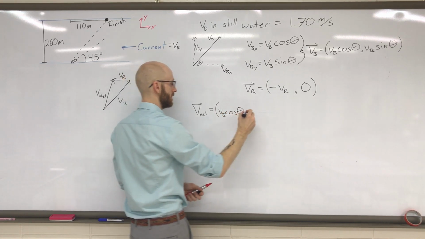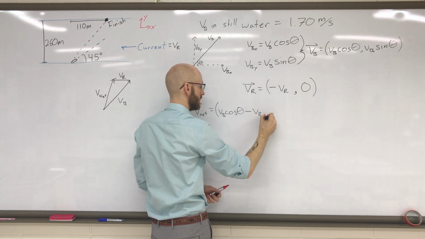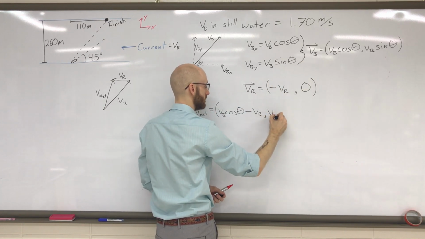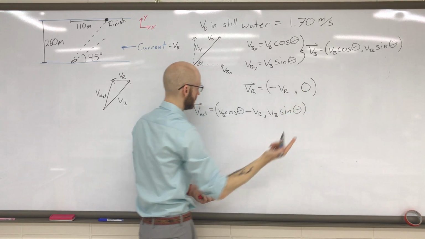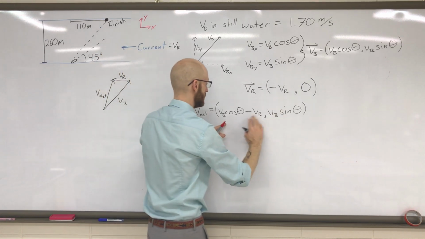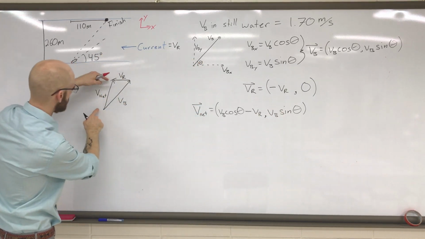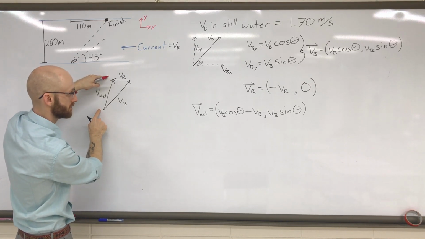VB cosine theta minus VR, right? I'm adding x components. And then the y component is just VB sine theta plus 0. So that's the total velocity of the boat, and these would be the components of this V net vector over here.